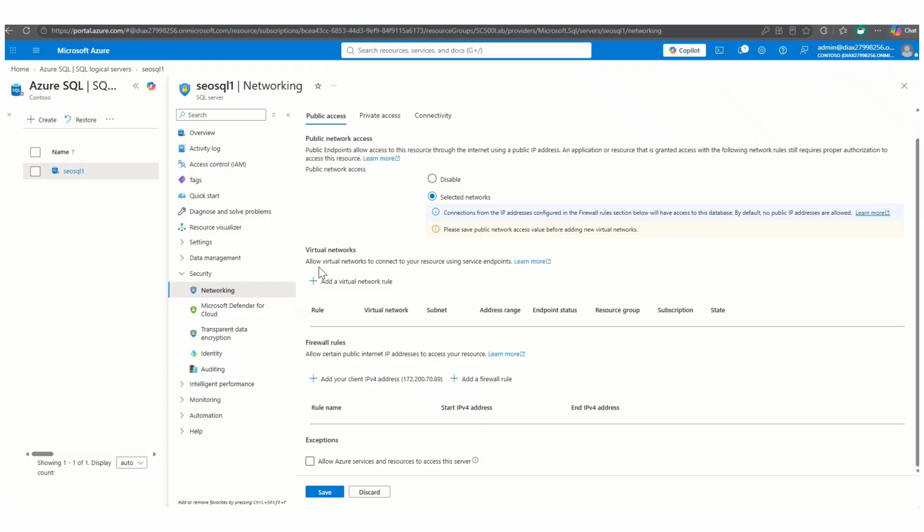So you can create virtual networks to allow virtual networks to connect to your resource using private endpoints. So private endpoints, again, is huge when it comes to security. And then you would create a virtual network rule right here, and you would also create firewall rules and exceptions and add the subnets and stuff.